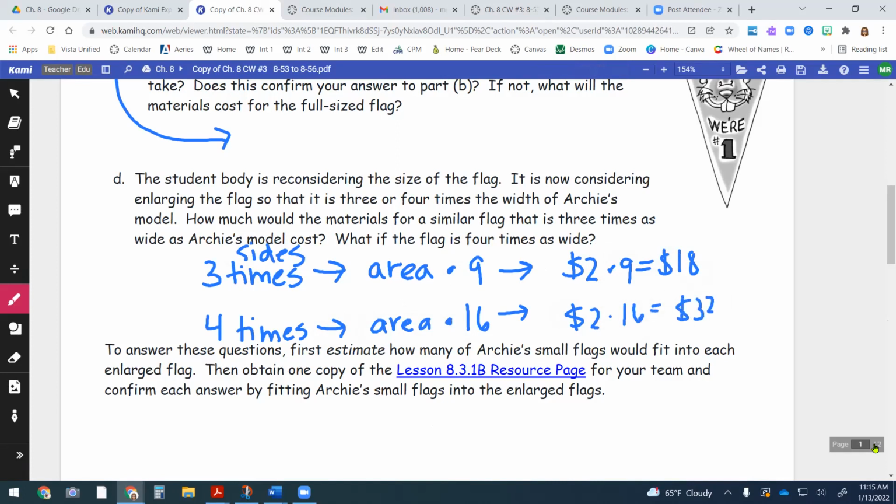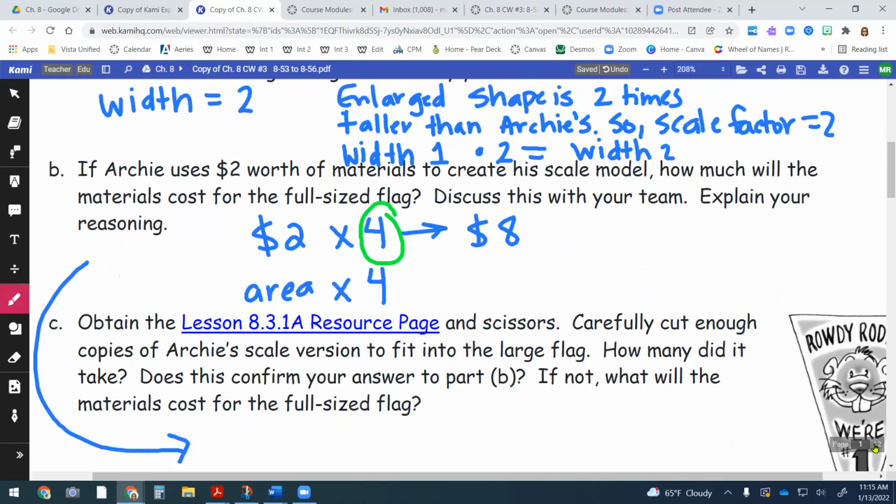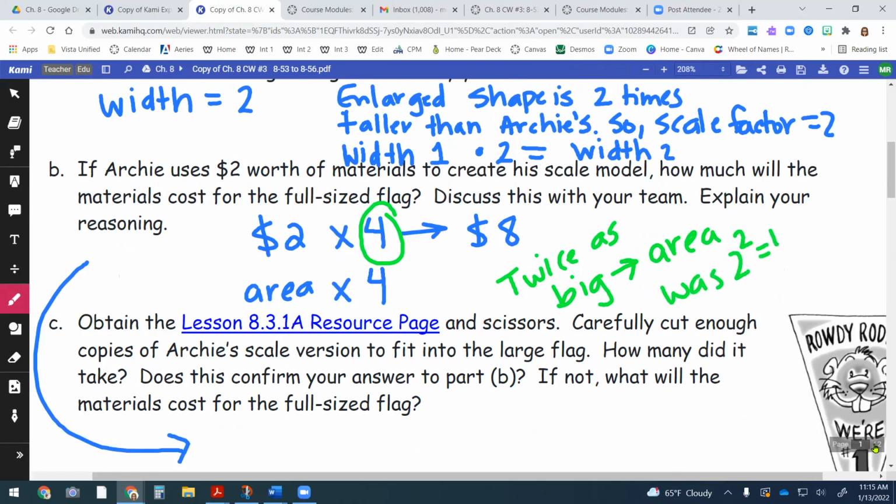So what's happening here is, how am I getting this 9 and the 16? How did I get this 4? So if this was 2 times bigger, so when it was twice as big, the area was not twice as big. The area was 2 squared or 4 times larger.